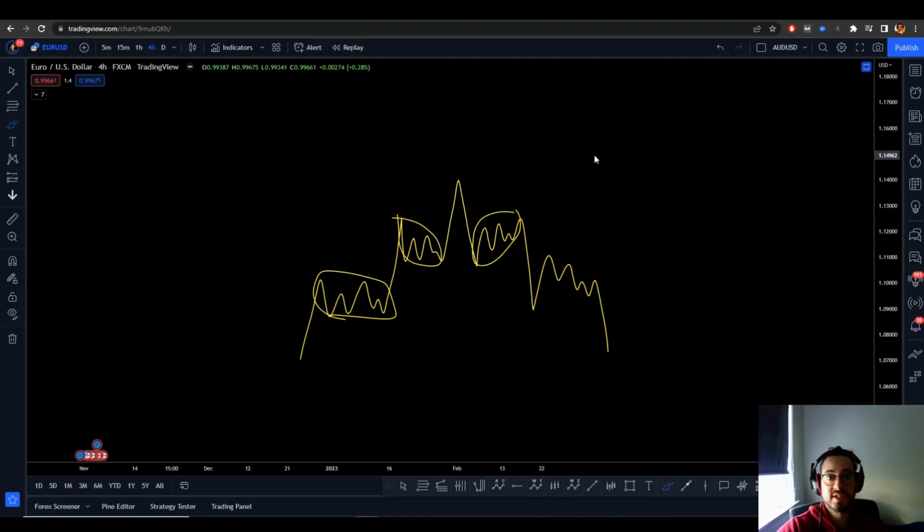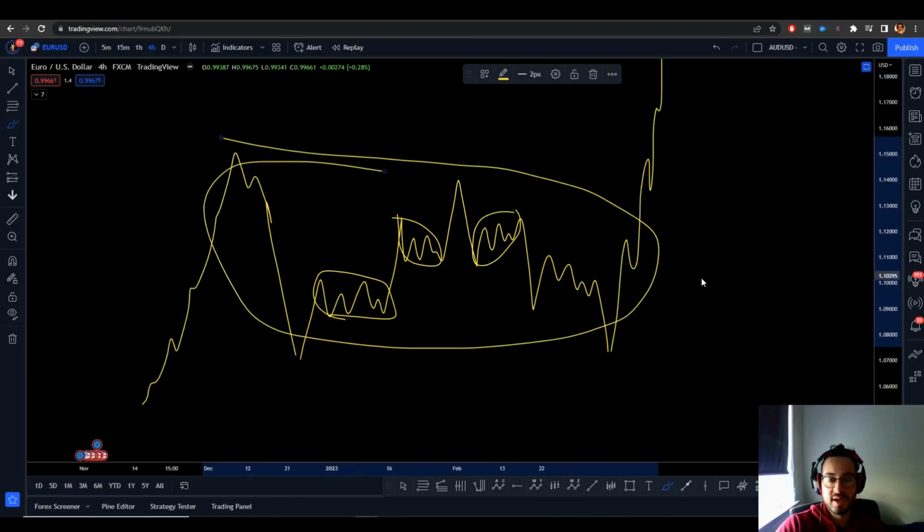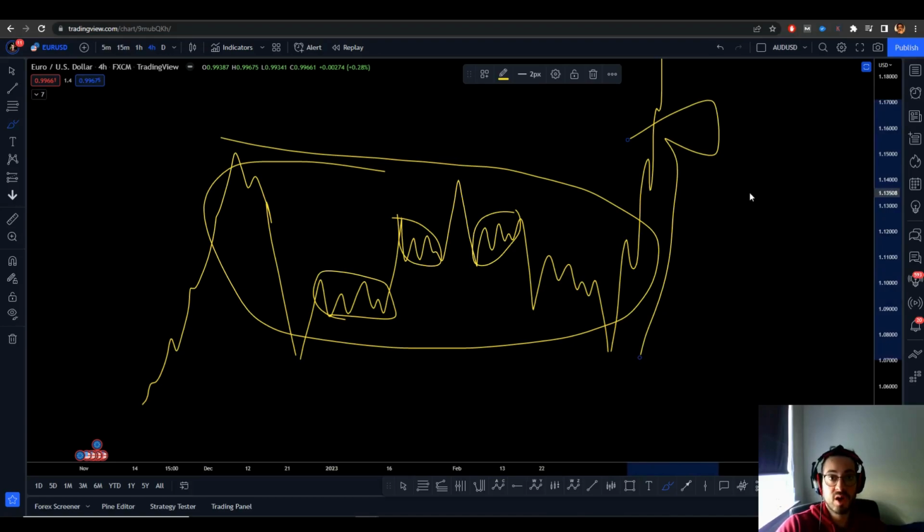This happens on all time frames. It's about perspective and interpretation. Look at this example right here. We have these smaller accumulation and distribution processes, but on a higher time frame this whole thing could have been an accumulation that set up the market for this impulse pop.